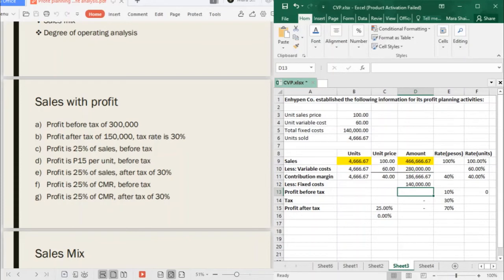Again, it is after tax, so it is not 25%. Your profit is said to be 25%.